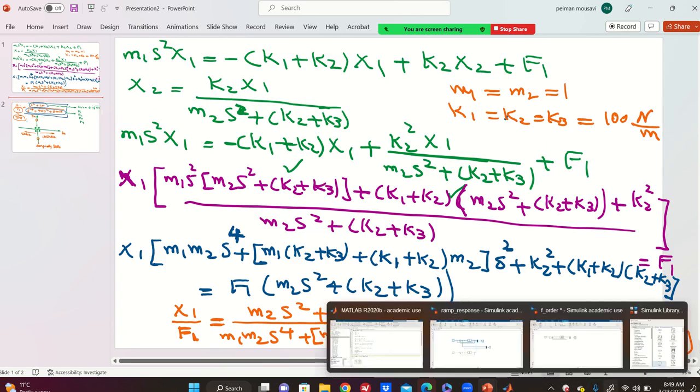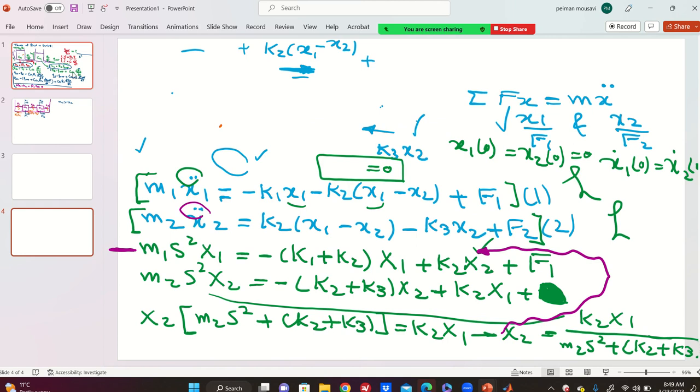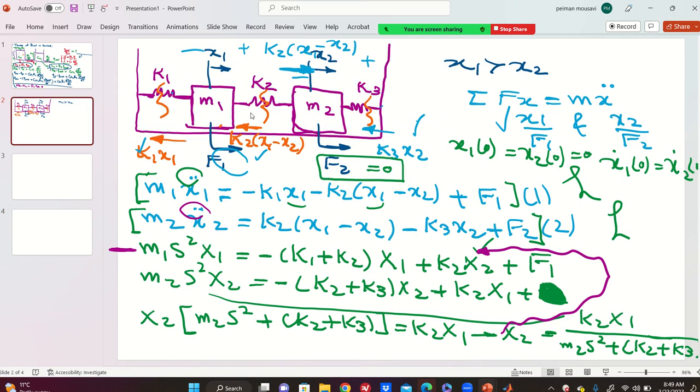What if, let me show you, what if I have three masses here? What's gonna be the order of the system? Two masses, order of the system became how much? 4.